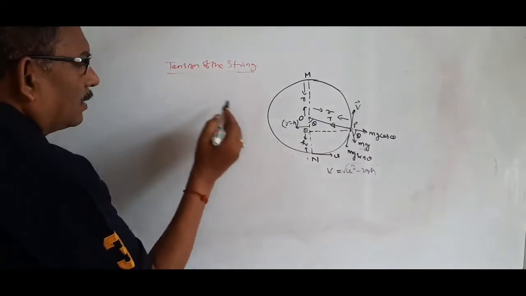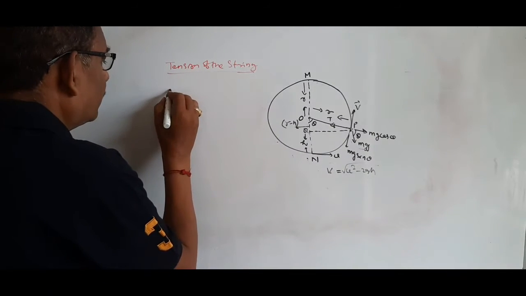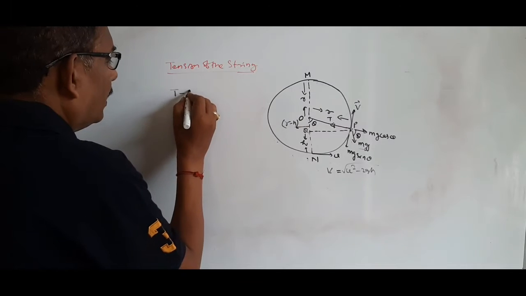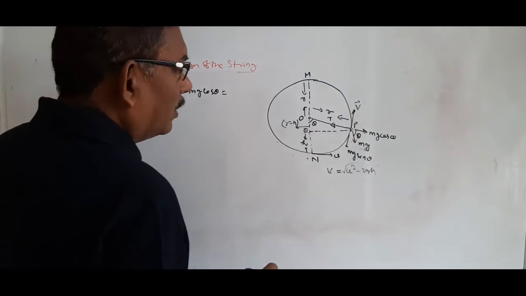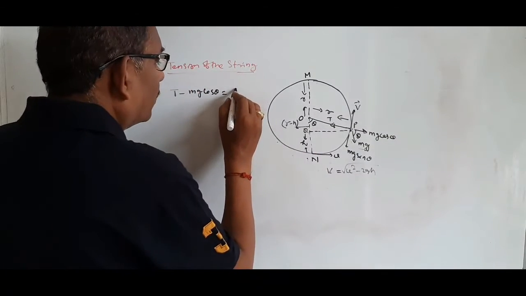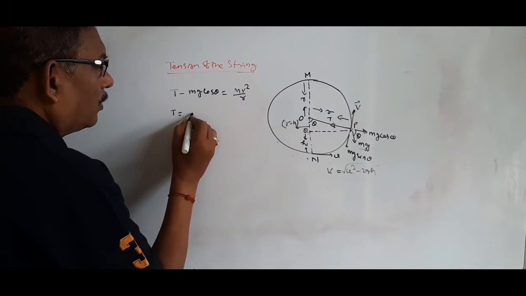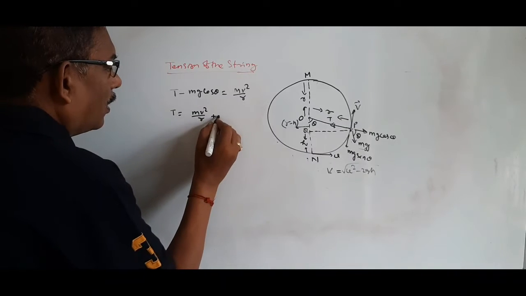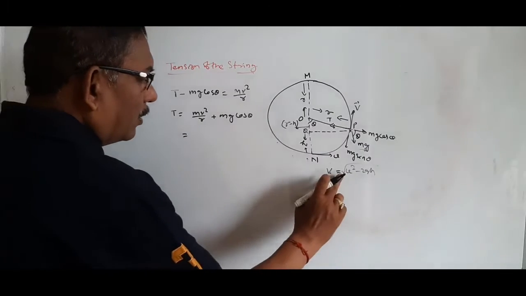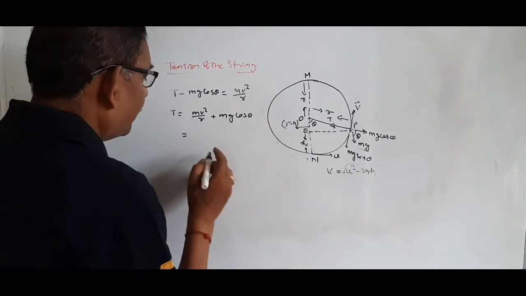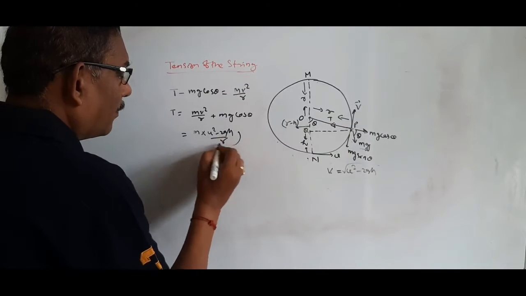So the tension at point P: T minus mg cos theta is equal to the net centripetal force m v square by r, and T equals m v square by r plus mg cos theta. The value of v square is u square minus 2gh, so it is m times u square minus 2gh by r.